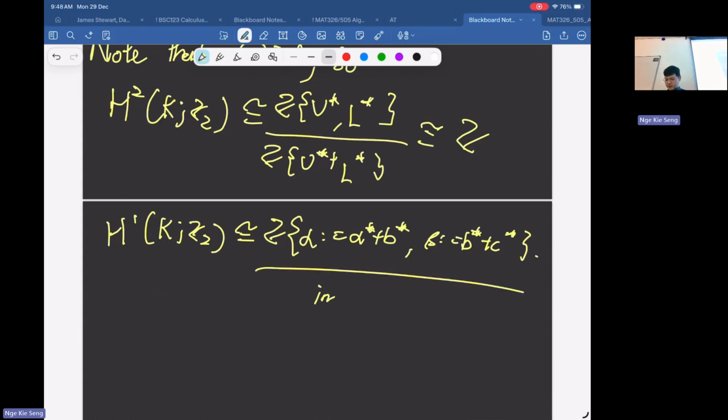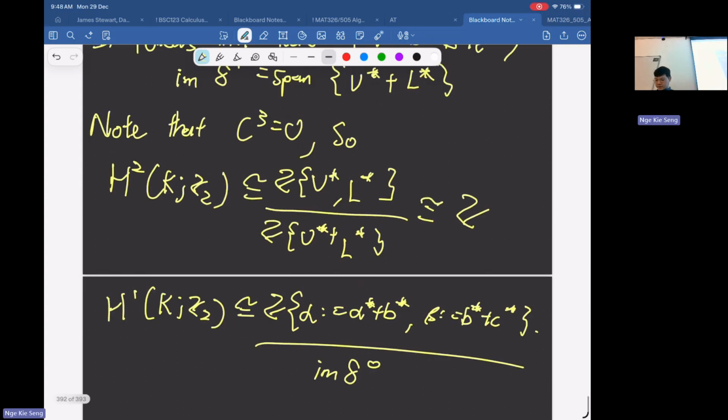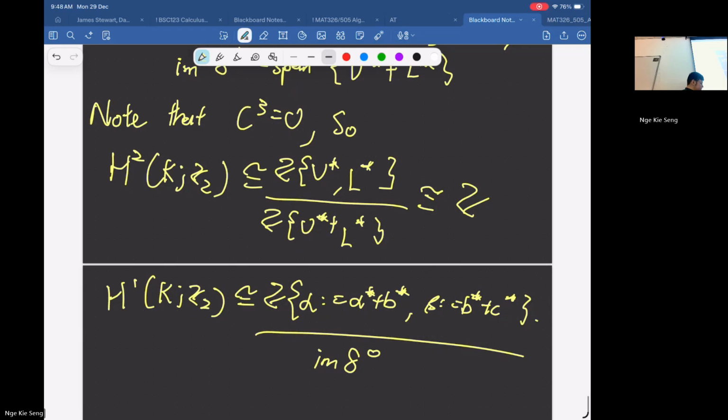Otherwise, we would need to ask what the image of del zero is. Del zero is zero. Why? If you look at the boundary map of H1, the two endpoints are the same, so you will always map your one-cell to zero. So del zero actually is zero.